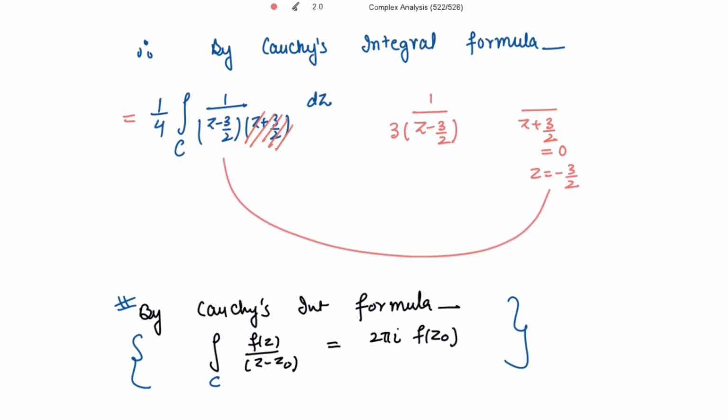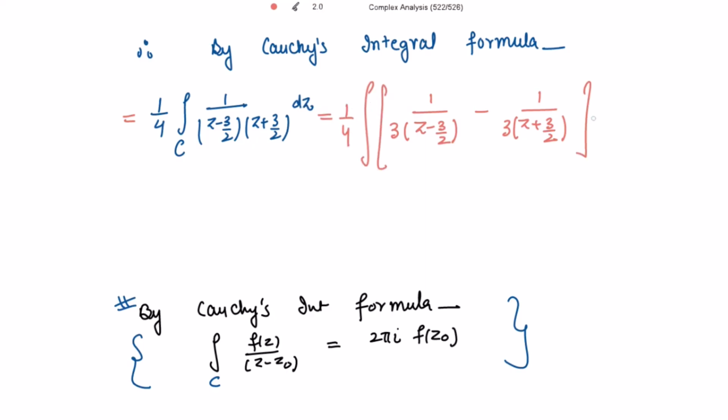Put this value into the integrand, so we have here -1/3. So this integral is now equal to 1/4, integrating this and writing here dz.